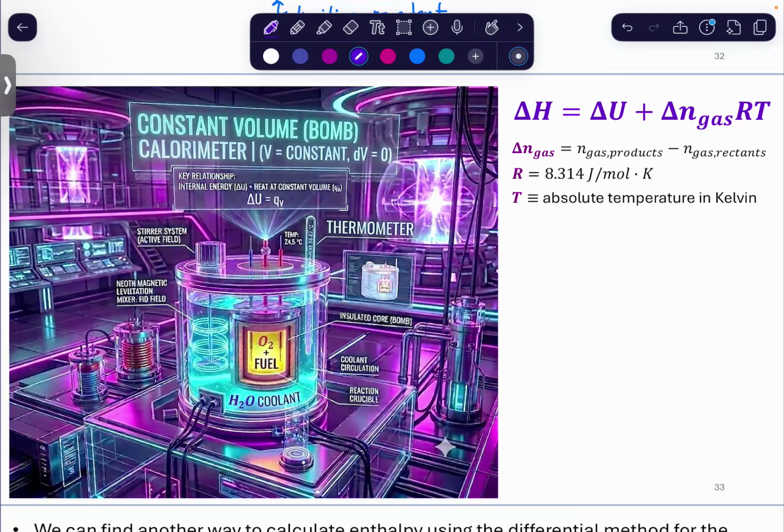Well, that'd be 5 minus 2, or 3, for your delta N. It's just your moles of gas products minus moles of gas reactants. In this case, your gas reactant is O2. And so then that reaction is going to happen, and heat energy is going to flow through the chamber into the water, and then you're going to measure the temperature change of the water.